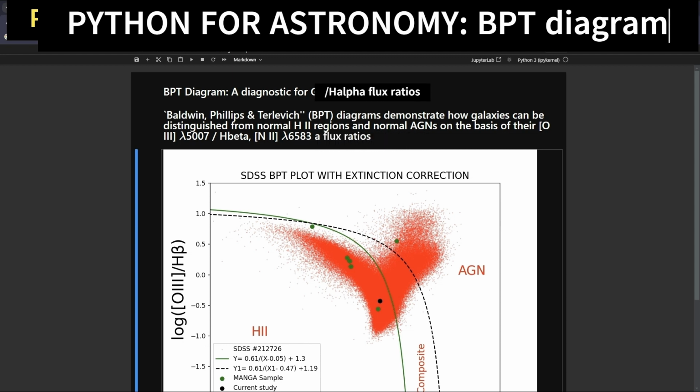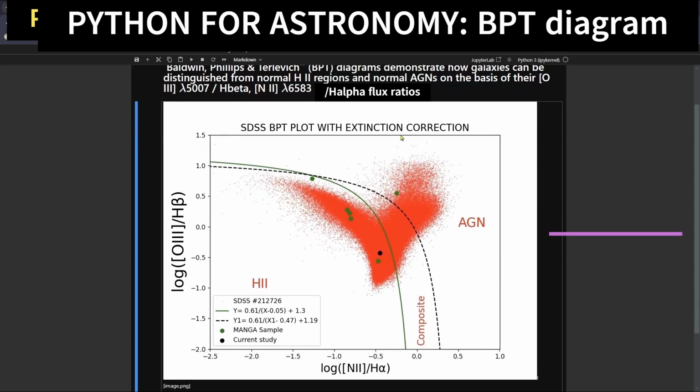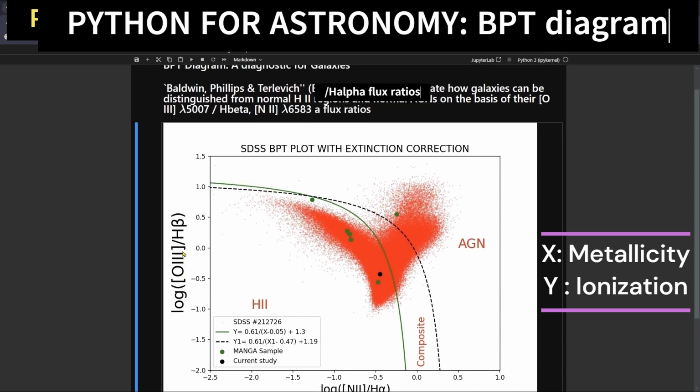So here you can see that we have a simple BPT diagram of the MaNGA sample galaxies. On the x-axis you have the log of N2 flux versus H alpha flux ratio, and on the y-axis we have the O3 flux by H beta flux ratio.